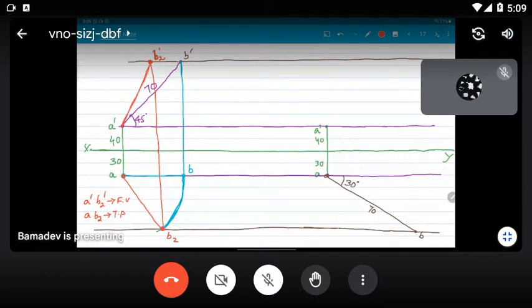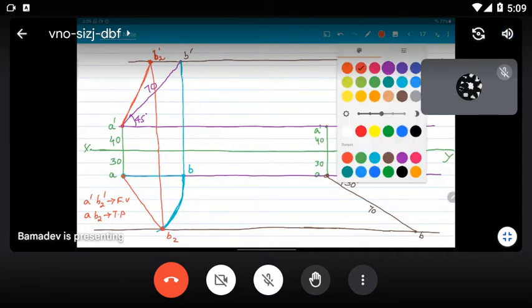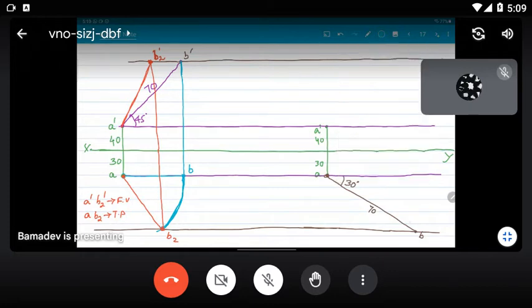Right? And repeat the process on this side. Draw projector from here to here. Say this is B1 dash.